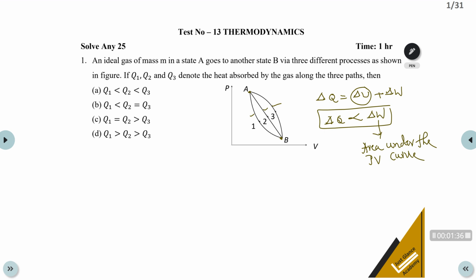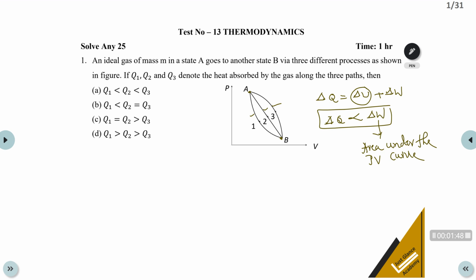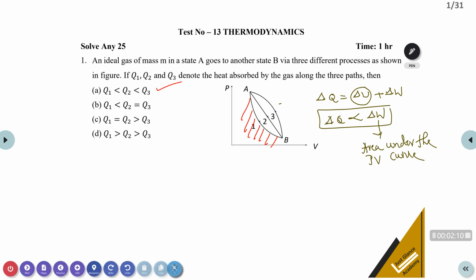Here in this problem, the area under curve 3 is more, so Q3 is more. The area under this curve is less, so Q1 is less. So Q1 is less than Q2, which is less than Q3. So the first one is the right answer.